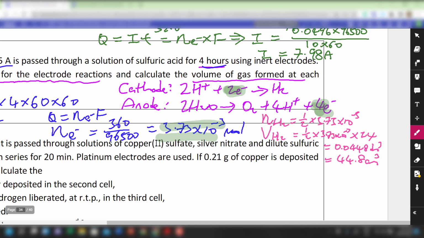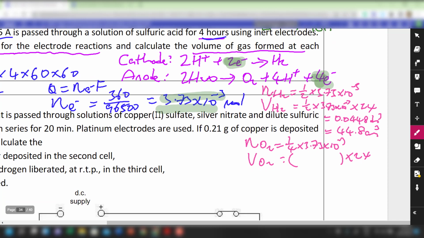And then for the oxygen produced, again it's the same thing. The number of moles of oxygen will be equal to a quarter of 3.73 times 10 to the power of minus 3, and then therefore the volume of oxygen will be this whole chunk multiplied by 24. So that will be half of 44.8, so I'm going to get 22.4 cubic centimeters.